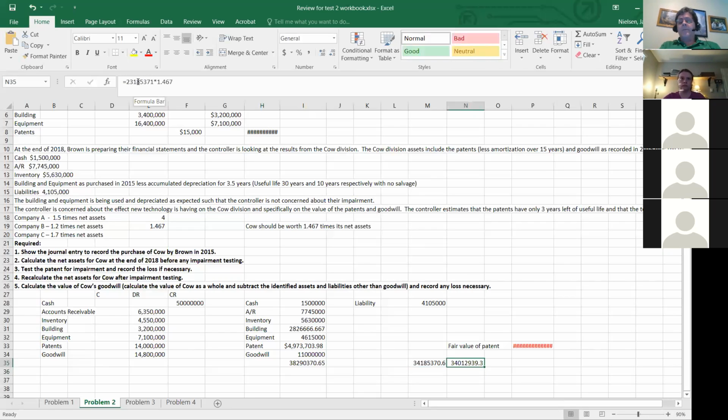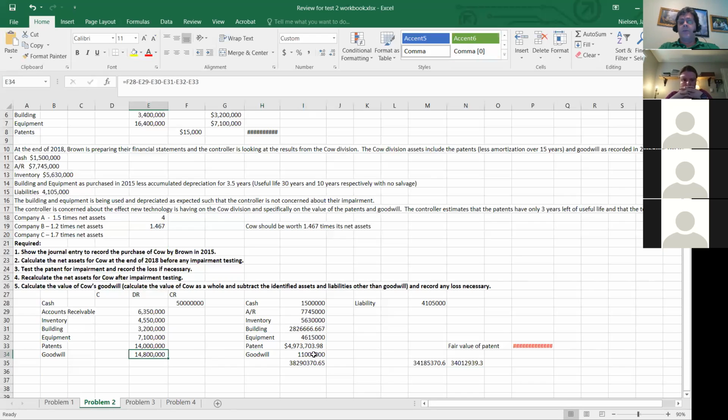Now, I'm not going to worry too much about the exact amount, but the point is what this net asset should be, what it's worth. The goodwill is that extra value beyond the physical assets. And our goodwill was actually 14.8, right?